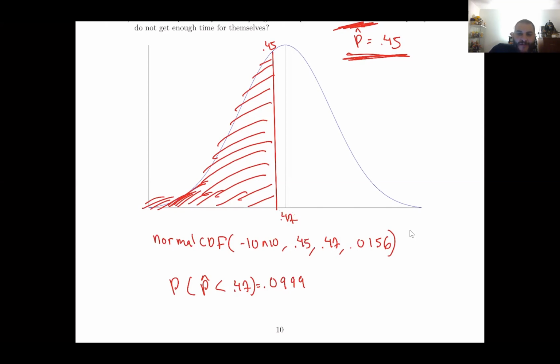So you're saying if we randomly select 1,025 adult women, the probability that 45% of them or less, sorry about this.